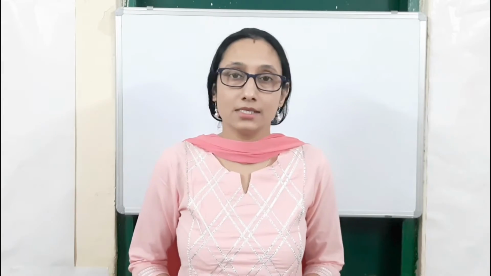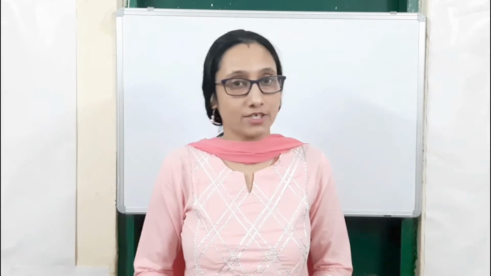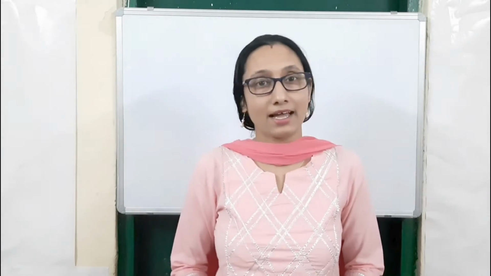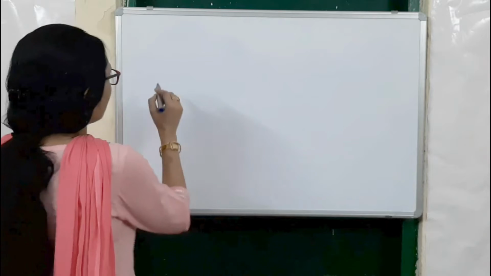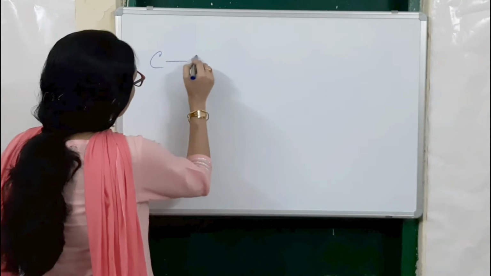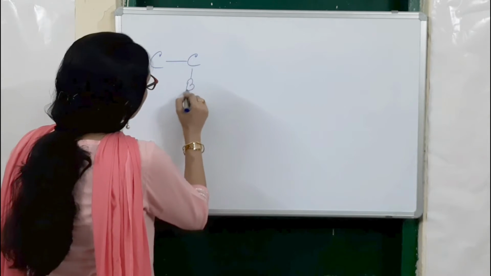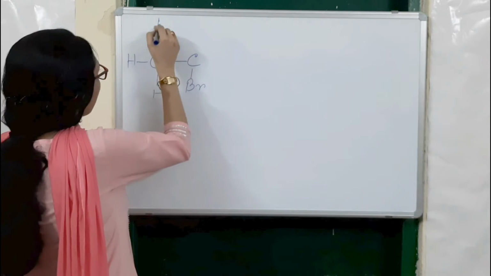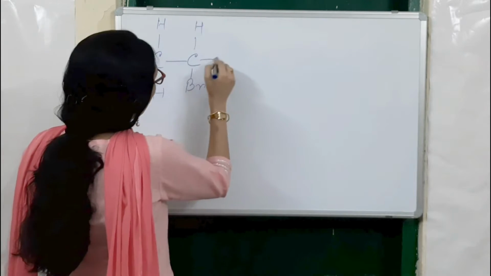Now we will discuss how this elimination reaction is applicable in the chemistry of alkyl halides. So this is ethyl bromide.